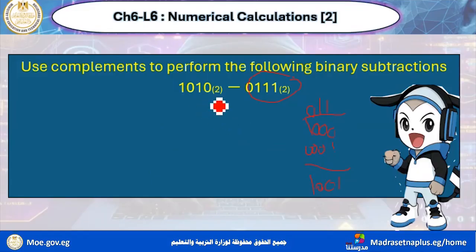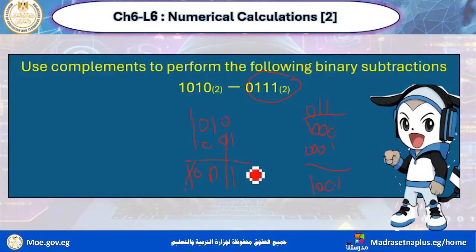Now add the complement to the first number. So 1, 0, 1, 0 plus 1, 0, 0, 1. Now 0 plus 1 is equal to 1. 1 plus 0 is equal to 1. 0 plus 0 is equal to 0. 1 plus 1 is equal to 0 and 1. So 1, 1, 0, 0, 1.